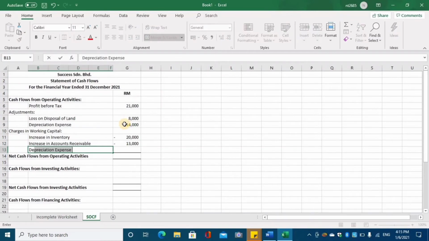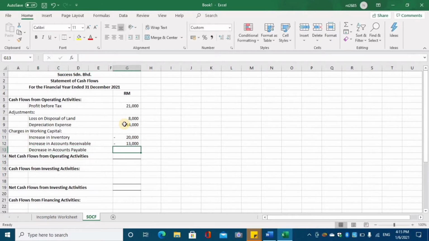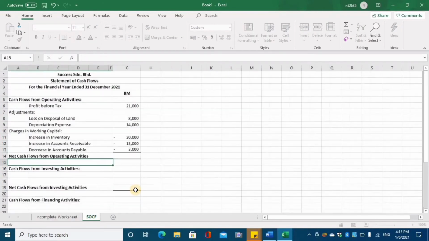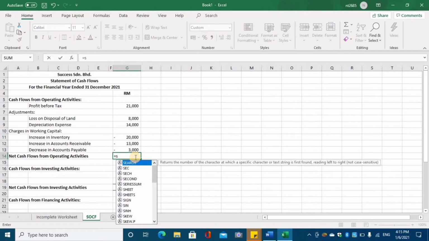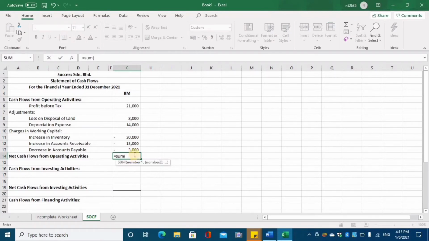Next is decrease in accounts payable. Should be minus also 3,000. Next, we will sum up to get net cash flow from operating activities. We will sum the profit before tax, adjustments and changes in working capital. So we will get 7,000.